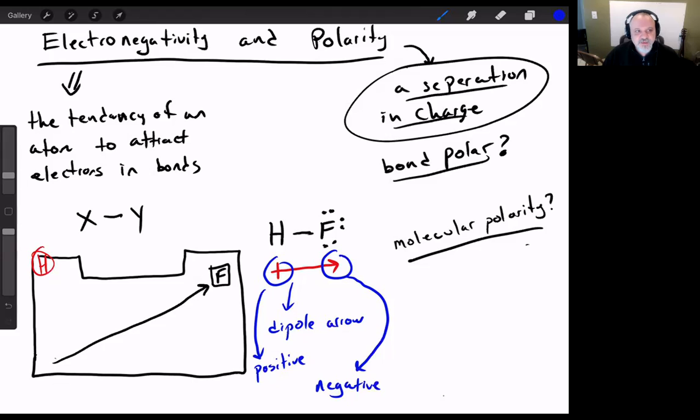Yes, the bond in this case is polar. Is the molecule polar? Yes. There is a permanent separation in charges. Okay, let's do another example.